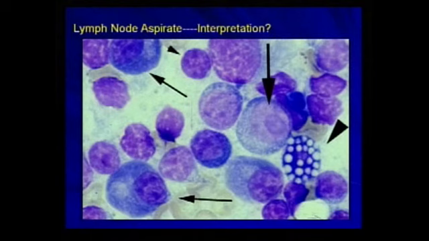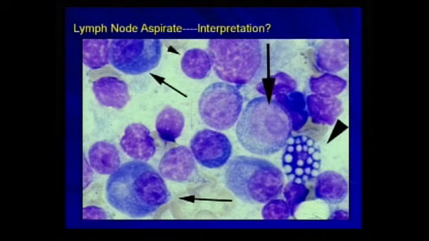Well, here is your first lymph node aspirate. And I want you to take a moment and think about it. And let's decide what we're looking at. Okay, remember that in the dog, a normal mature lymphocyte is roughly, maybe a little bit larger than an erythrocyte.